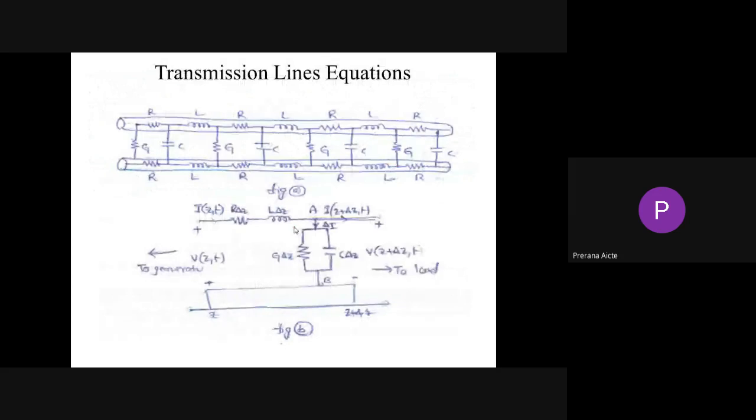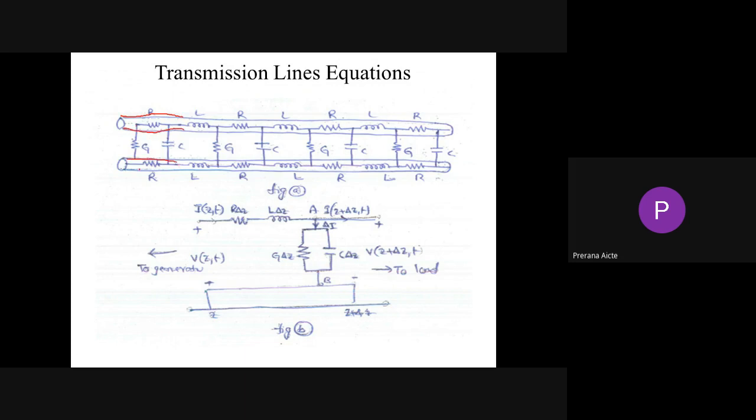Next, we derive the equivalent circuit of the transmission line. Here this is one transmission line and this is another.